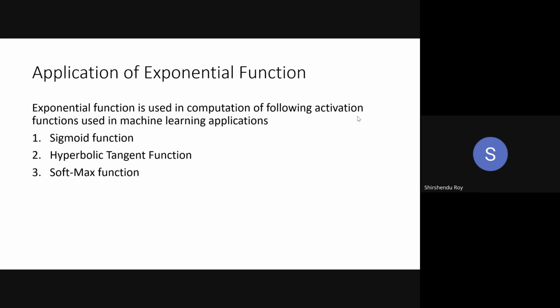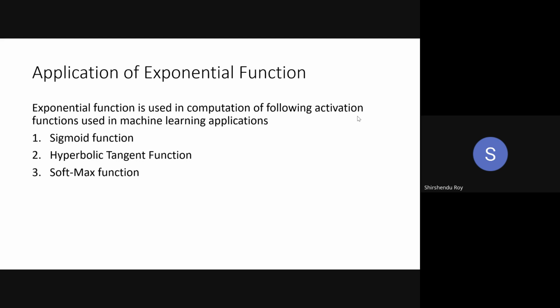But you will see in the spiking neural network or in some other networks also, it is used for tracking time. Here it is shown for only the activation functions. We have three activation functions where exponential functions are used. First is the sigmoid function, then the hyperbolic tangent function or tanh function, then we have the softmax function.